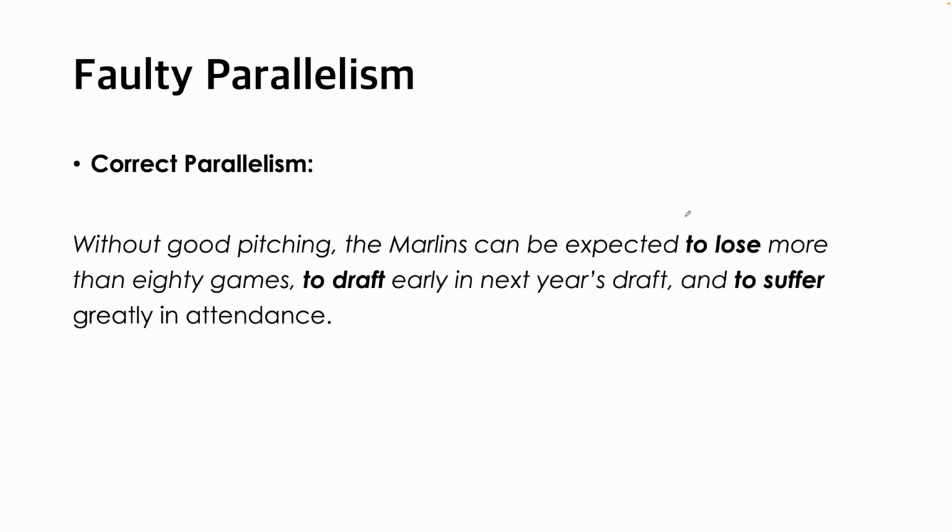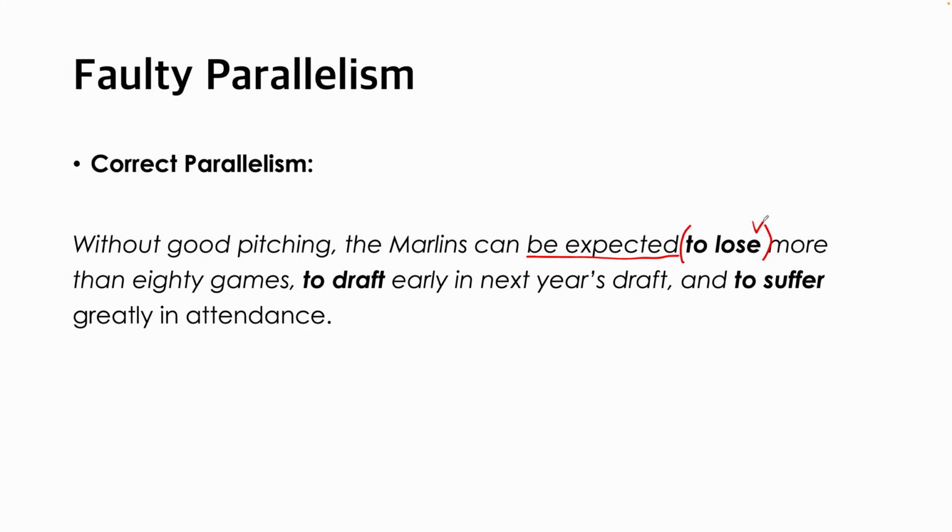Here's the answer. You can choose gerunds or to infinitives or other structures, but keep in mind that you have to use the same structure for all parallel items. Since we have the phrase be expected, usually this structure includes to infinitive. So here the grammatical choice is to use to infinitive.